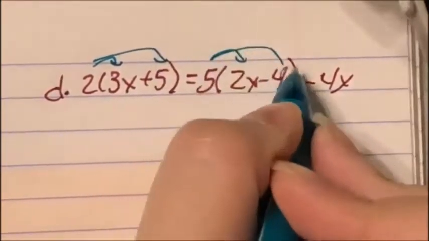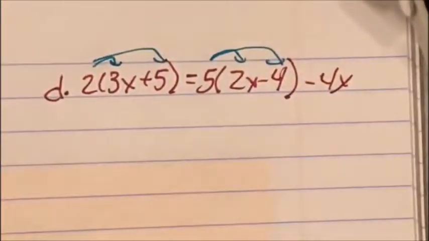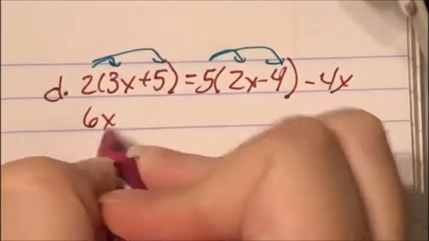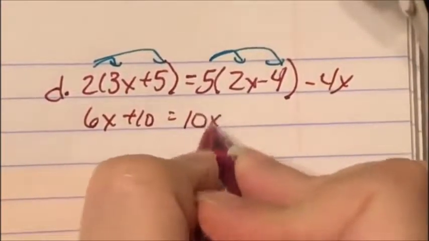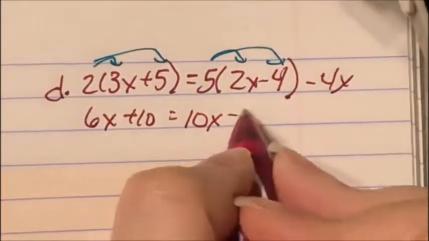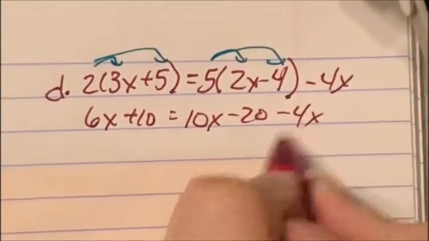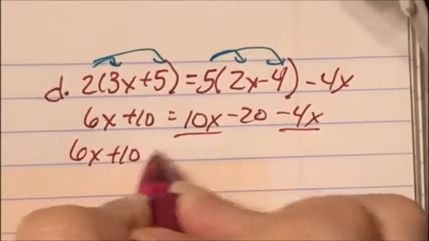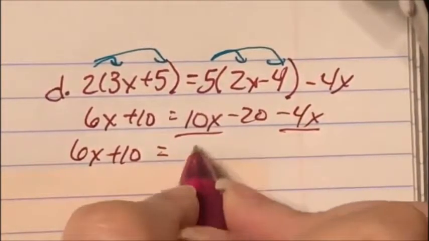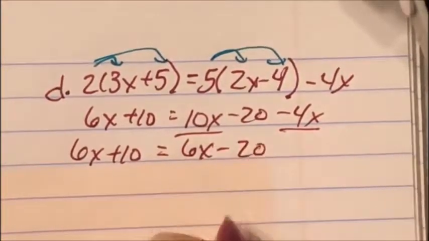Distribute everything inside the parentheses. Okay, 2 times 3x is 6x. 2 times 5 is 10. 5 times 2x is 10x. 5 times 4 is 20. Okay, in like terms, I have 6x plus 10. 10x minus 4x is 6x minus 20.